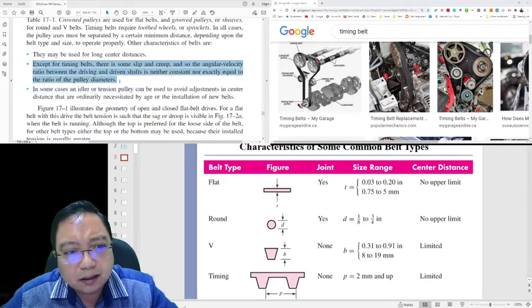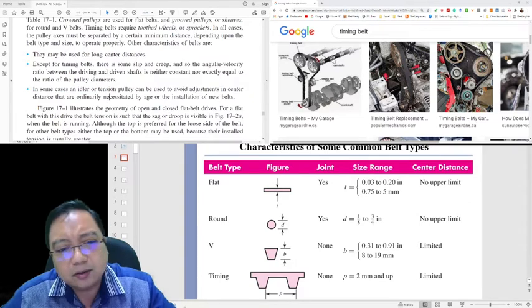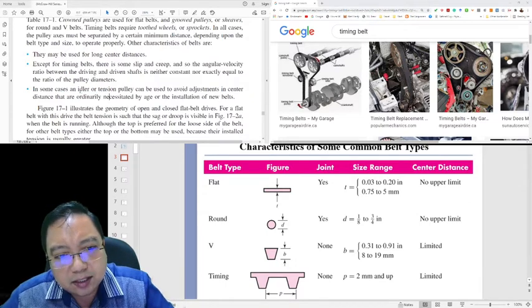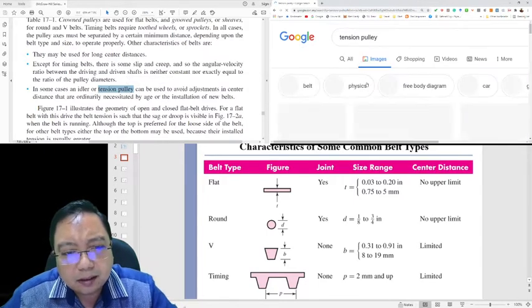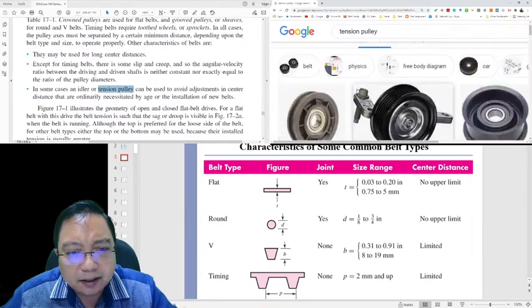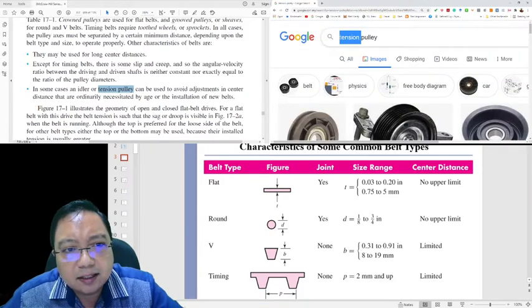In some cases, an idler or tension pulley can be used to avoid adjustment in center distance that is ordinarily necessitated by age or installation of new belts. What are the idler or tension pulley? This is the tension pulley, this is the idler pulley.